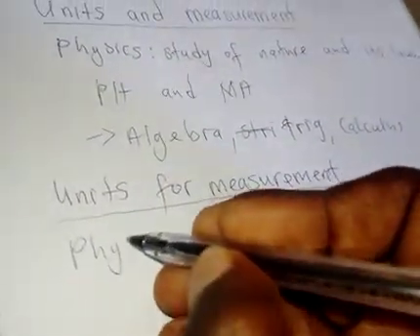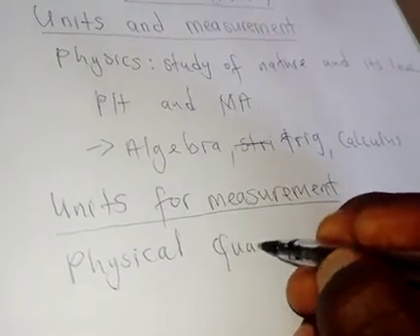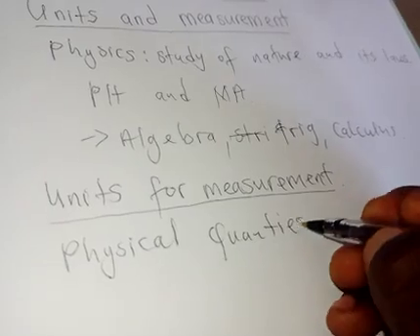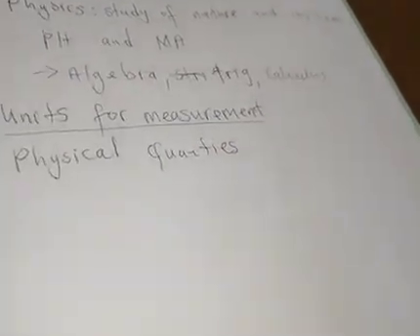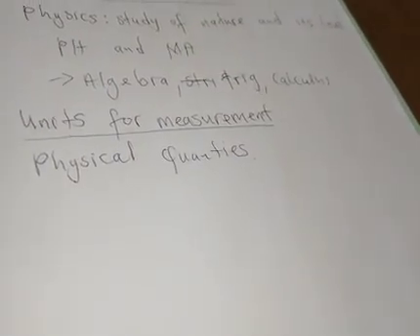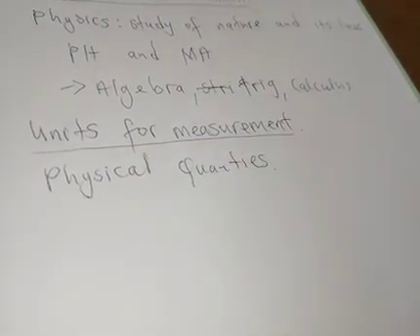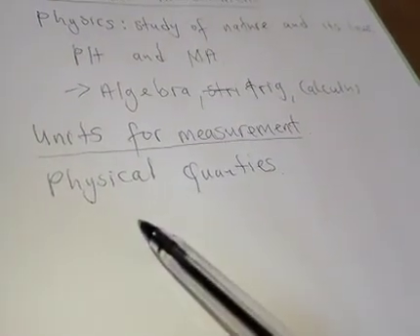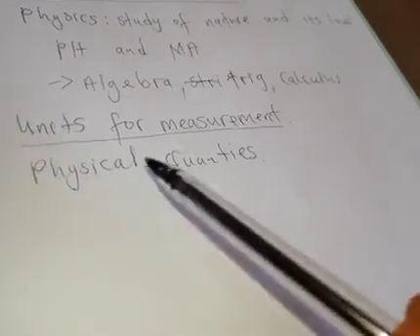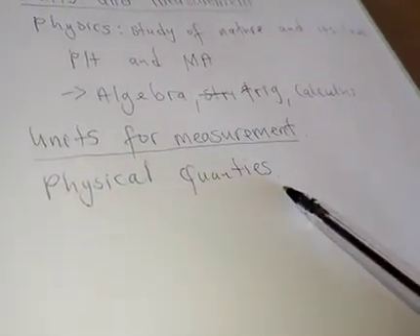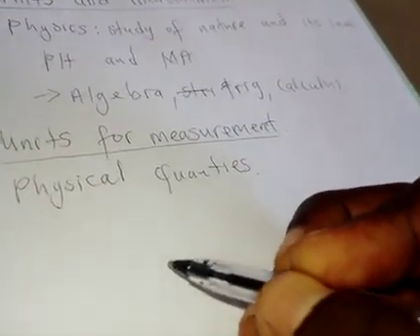Now, what are these physical quantities? Physical quantities are simply any quantities that can be measured and expressed in terms of laws of physics. For example, we can talk about mass, length, and time.